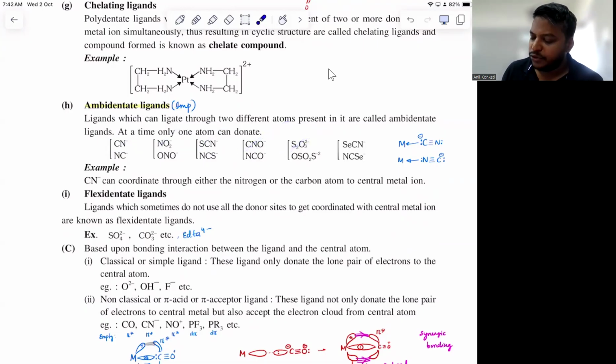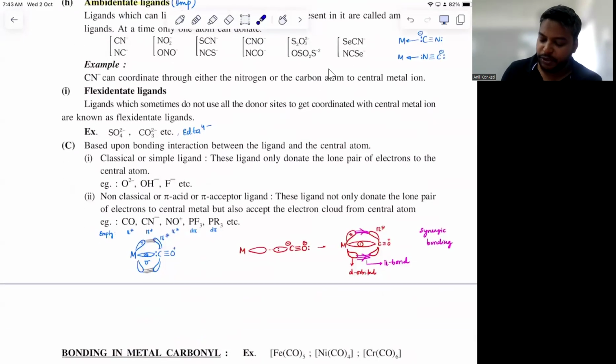Usually ambidentates are always monodentates, except in the case of S2O3 2 minus, because this can act like a flexidentate, giving bidentate nature also. But it is still ambidentate because it can connect from the sulfur end or oxygen end. Selenium cyanide is also an ambidentate ligand. We learned what flexidentates are already, right?